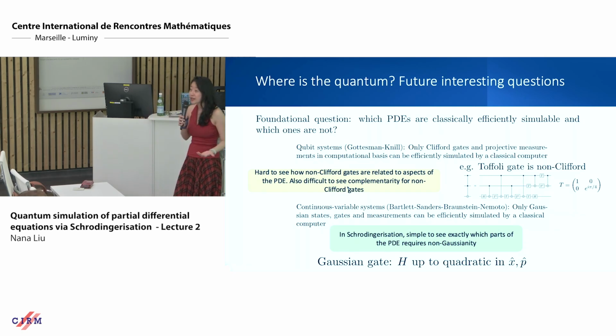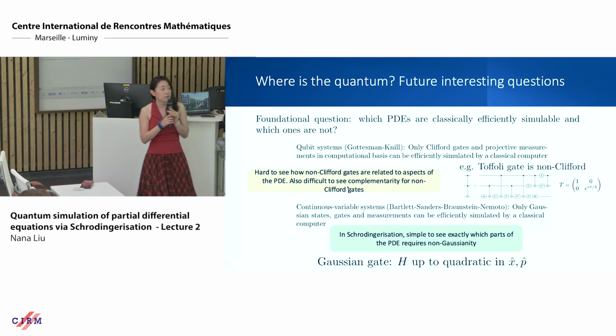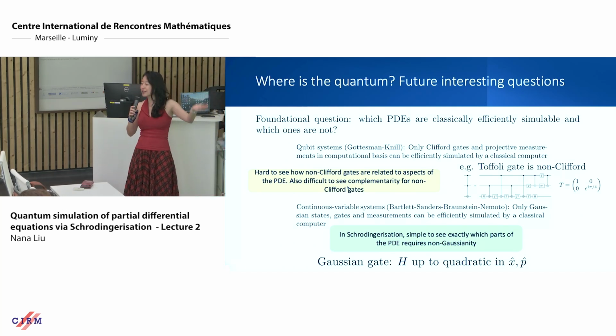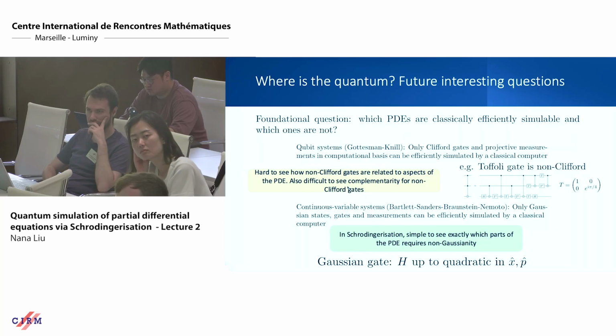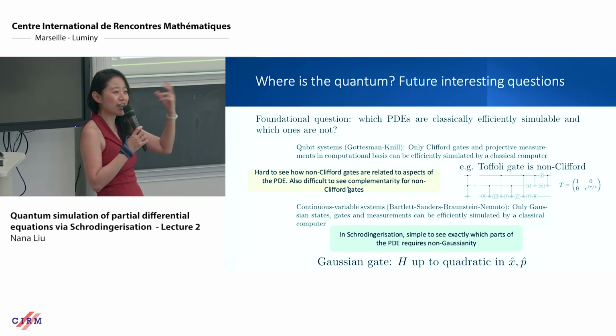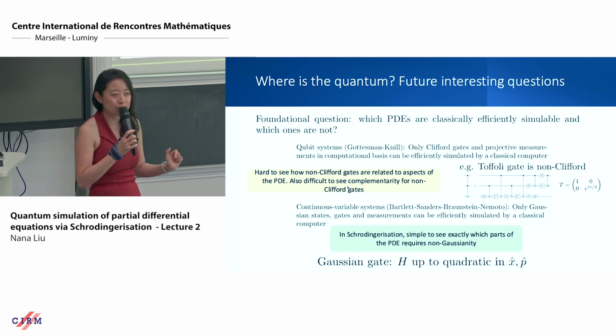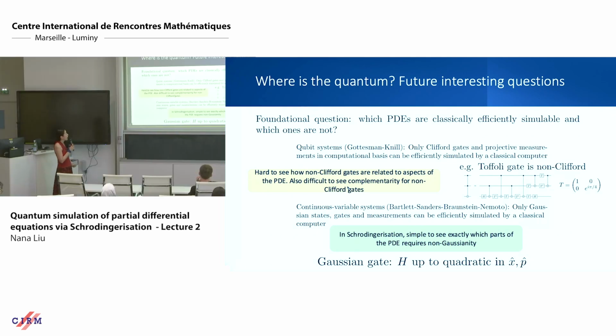It's the bread and butter of quantum optical simulations, the equivalent of Clifford gates. But the ones that are hard, for example, are non-Gaussian operations, the equivalent of non-Clifford gates.